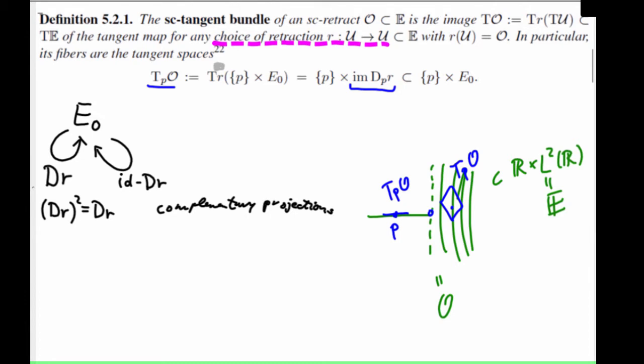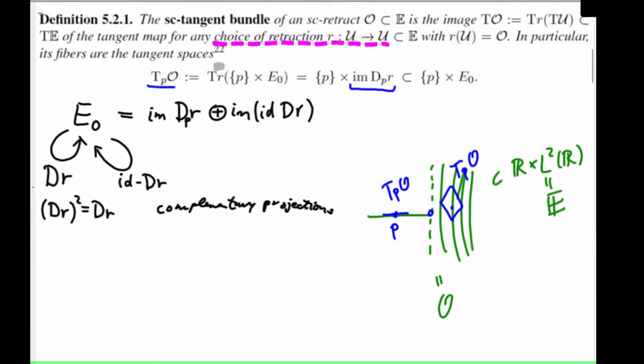And that means you get a nice splitting of your Banach space, in this case, as the image of dR at every point, and the image of the identity minus dR. So that's a direct sum, simply because the projection maps are continuous.